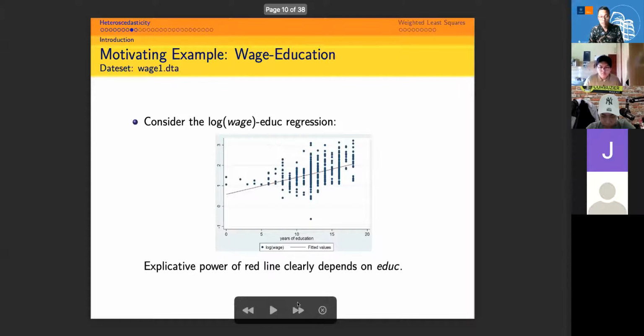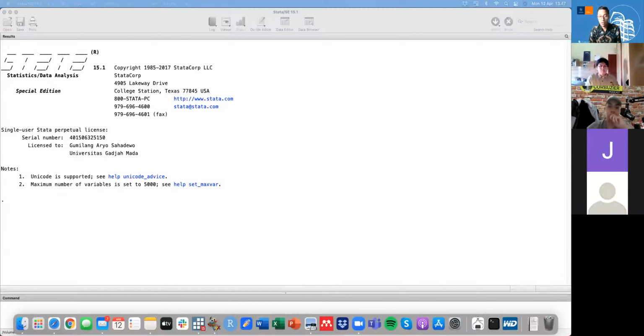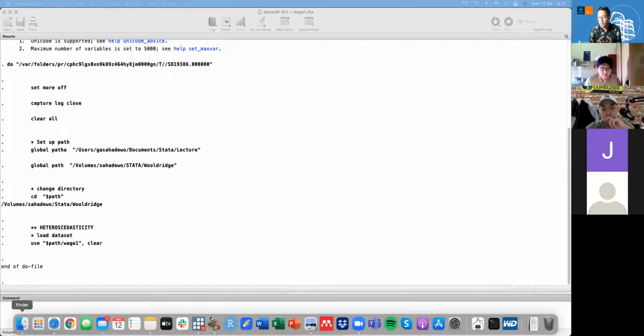Okay, so I'm going to go to Stata, and in Stata I'm going to provide you with a simple illustration of how to do the graphing, and given the graph, what we can conclude from it. I'm going to open up the data, and the data that we're going to use today is the H1 data.